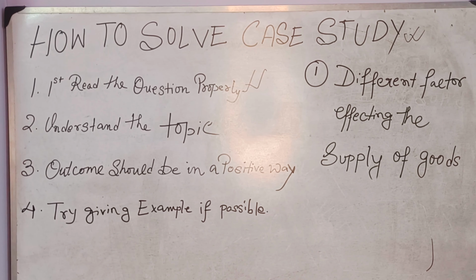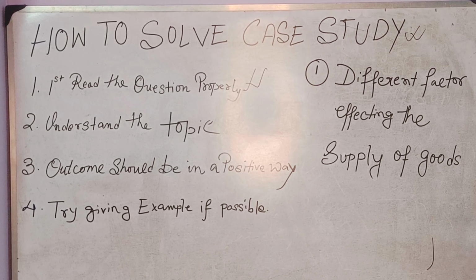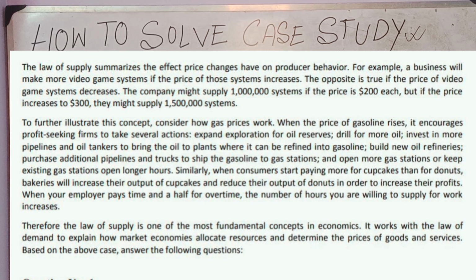So the question is different factors affecting the supply of goods. I think you have gone through the case study which is showing on your screen. In the case study we can see a line that the company might supply around 1 lakh systems if the price is $200 each, but if the price increases to $300, they might supply 1.5 lakhs.